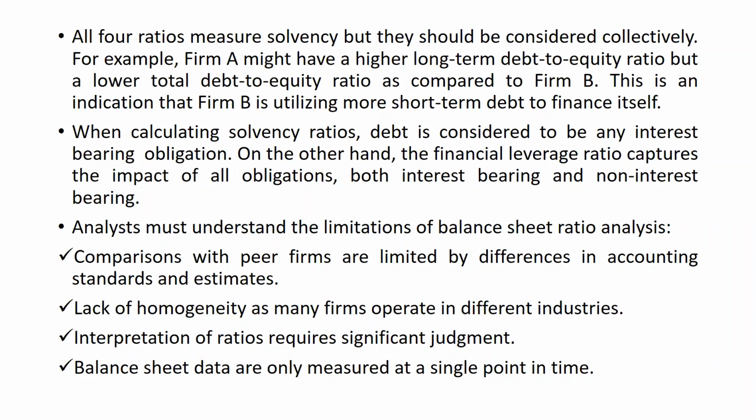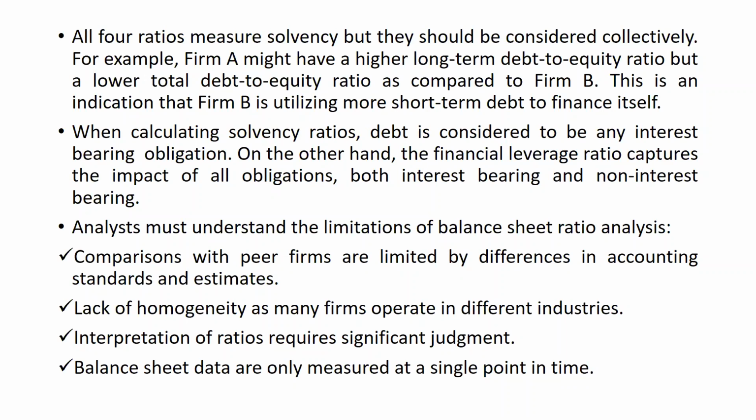When you compare peer firms, they are limited by differences in accounting standards and estimates. We don't know how they are treating their inventories and receivables. How do they estimate? We should get into the details and try to understand what kind of methodology they use to estimate inventories, receivables and so on.